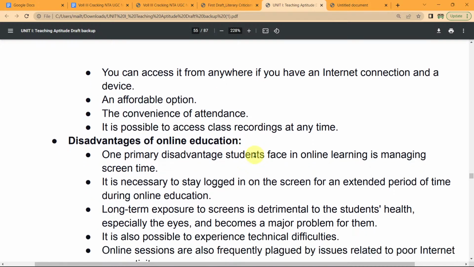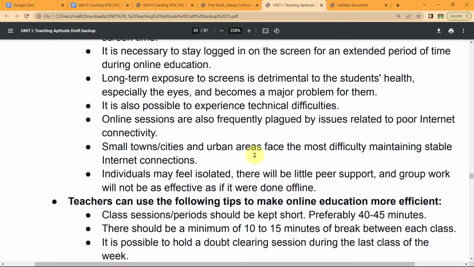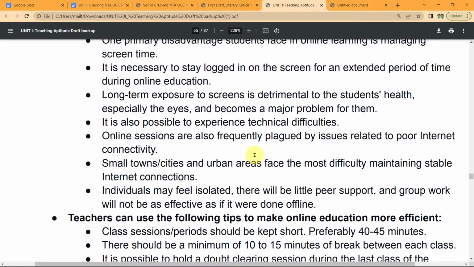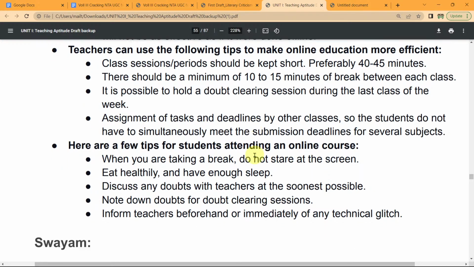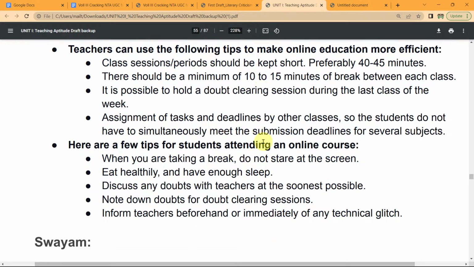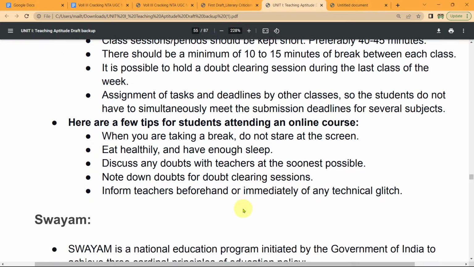Here we are learning. Got it? There are some disadvantages: mainly there is less interaction between teacher and students. That could be the major disadvantage of online education. Got it? Some tips to attend online courses. Everybody knows that.